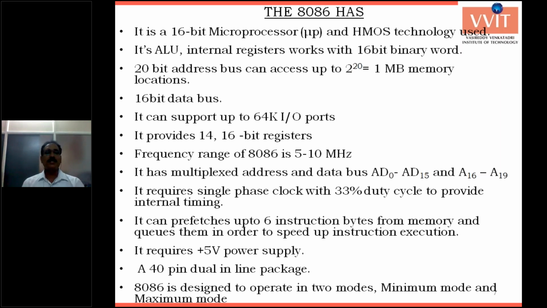In the internal architecture of the 8086, there are 14 16-bit registers. We discussed them in other slides. Next, the frequency range of the 8086. In any processor, the speed of operation depends on the frequency. Generally, speed is equal to distance by time, and the inverse of time is equal to frequency.